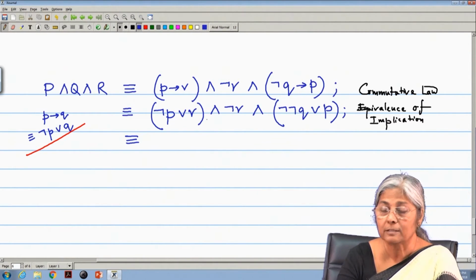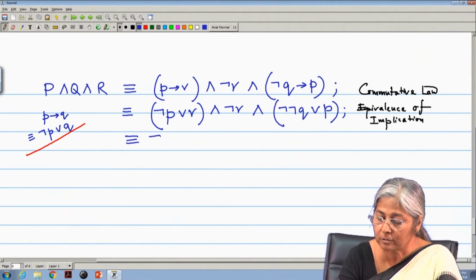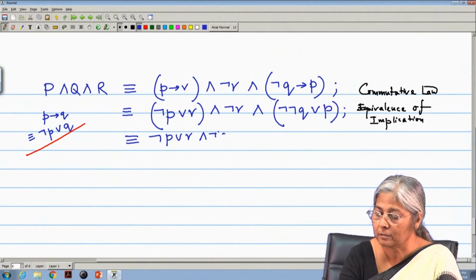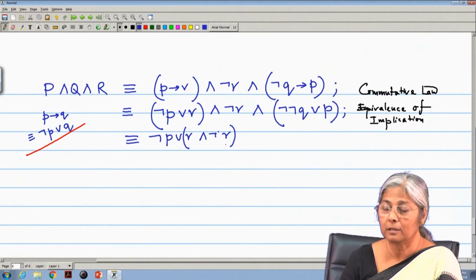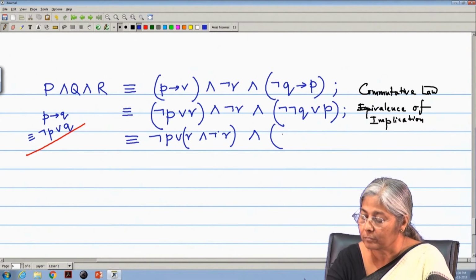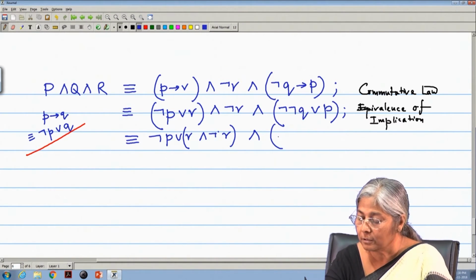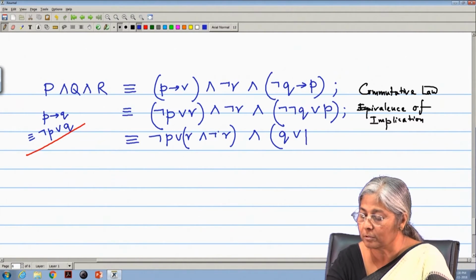Now, I can apply the associative law. So, negation p or r, and negation r; we can apply r and negation r, and double negation. So, this becomes q or p.